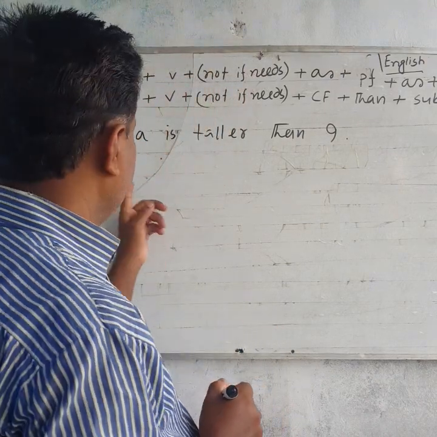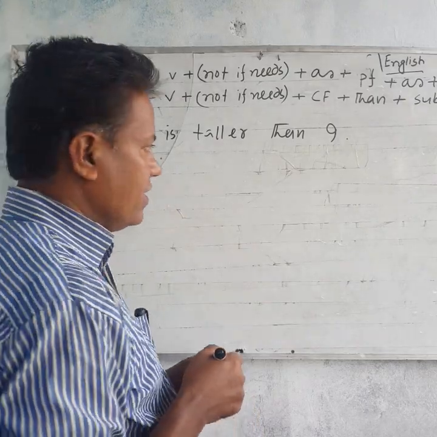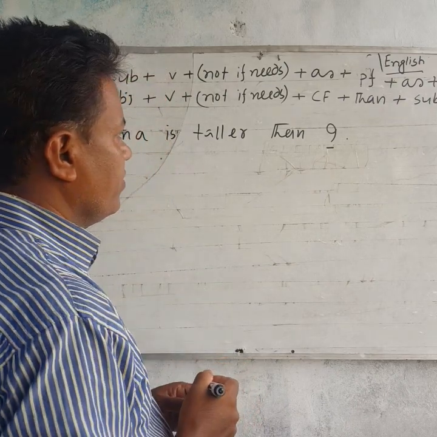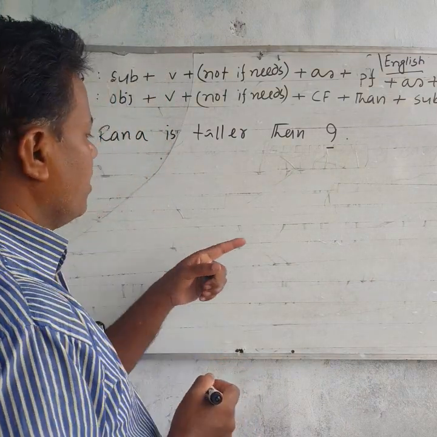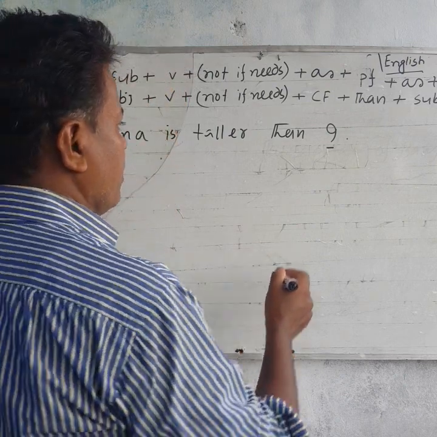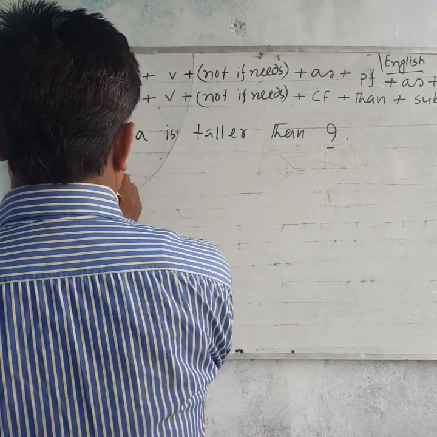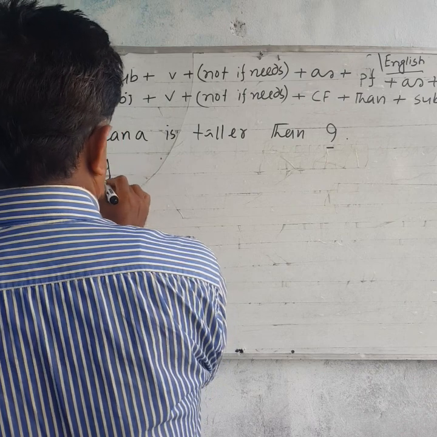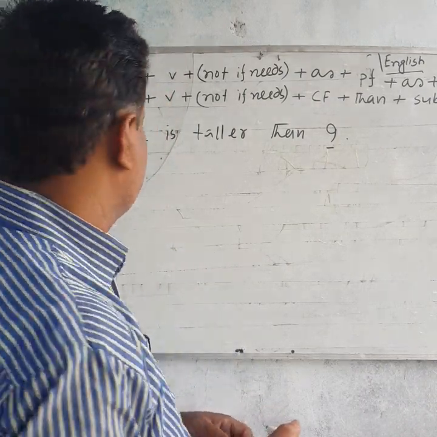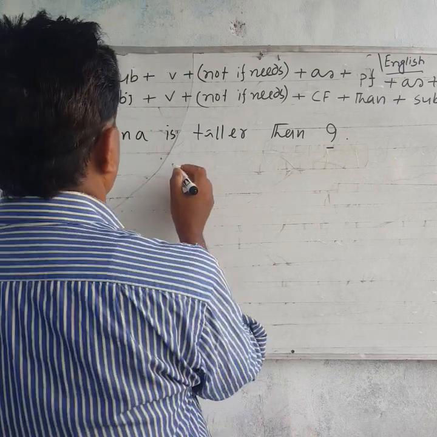At first I have to set here I. Because I said previously, object turns into subject, subject replaces into object. So I set up here I. Is it right? Okay. I. Here is verb.